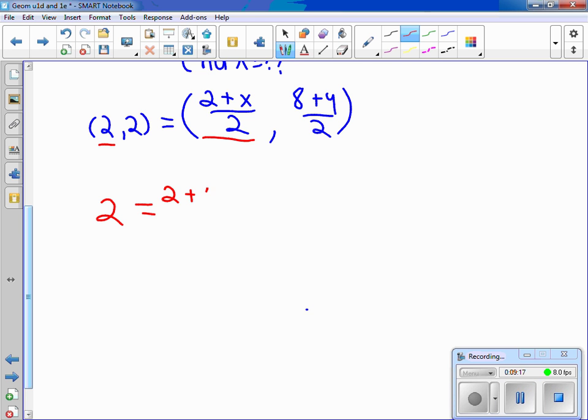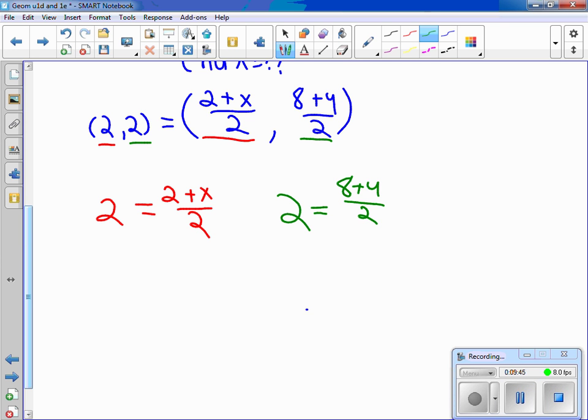To find the y coordinate, we'll take the y coordinate from our midpoint and our coordinate for our endpoint, plus y, 2. So essentially we have 2 problems. We're going to go through and algebraically solve them.